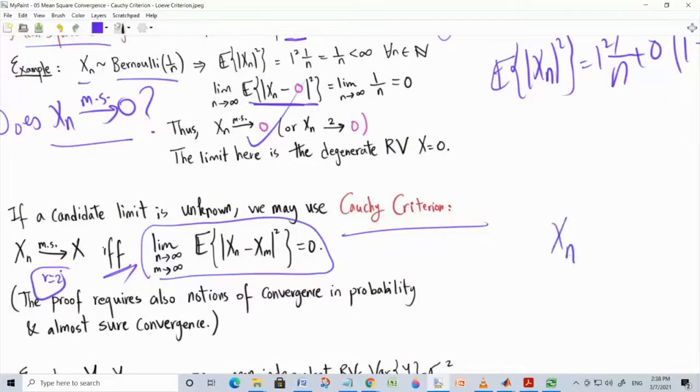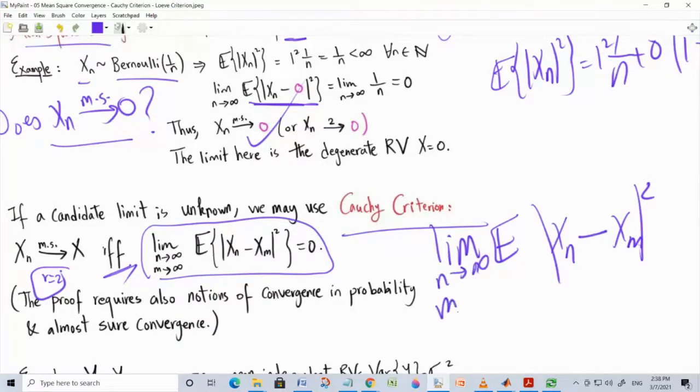You just take Xn and Xm, which are members of the sequence, take their difference, square it, and apply expectation. Then you take a double limit as n and m simultaneously approach infinity. If this is equal to 0, you have convergence in mean square to some random variable, even if you don't know exactly which random variable we are converging to.